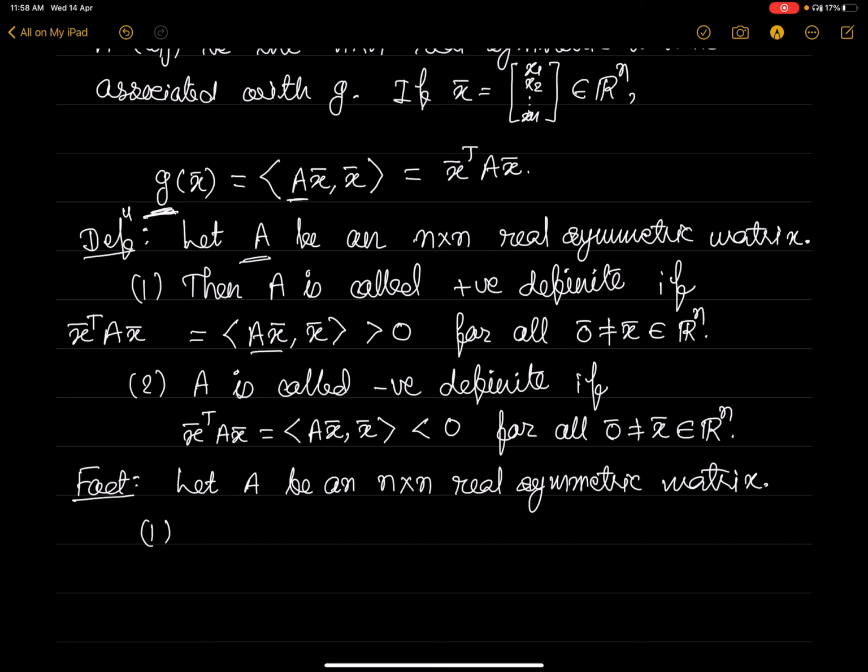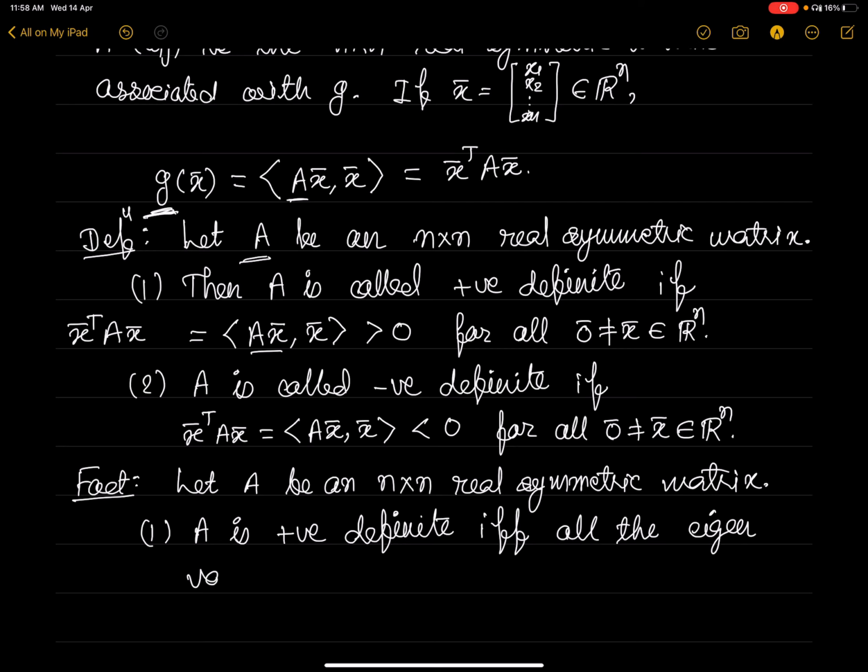The first one: A is positive definite if and only if all the eigenvalues of A are positive.